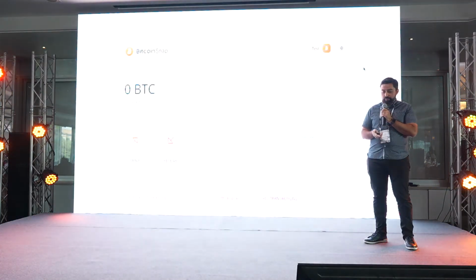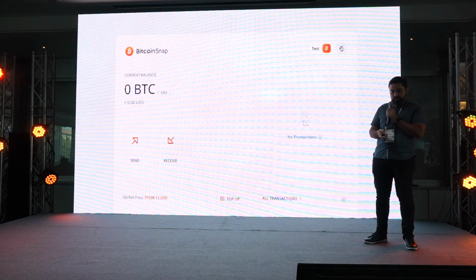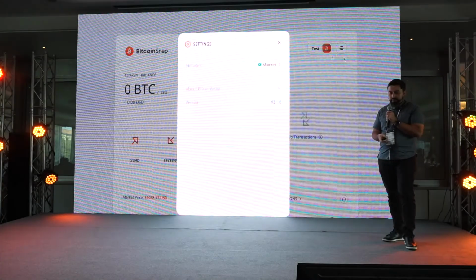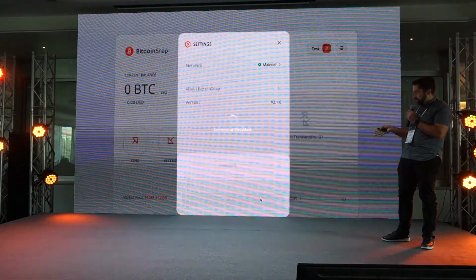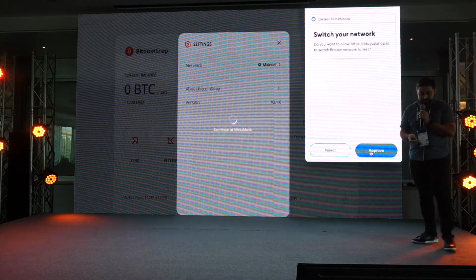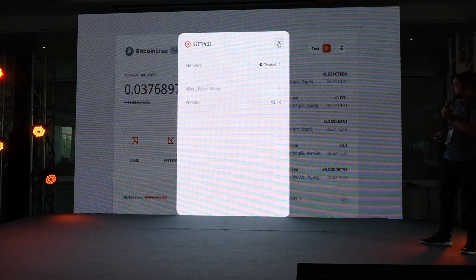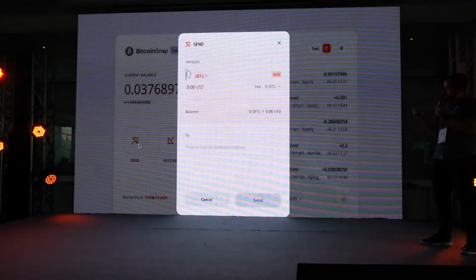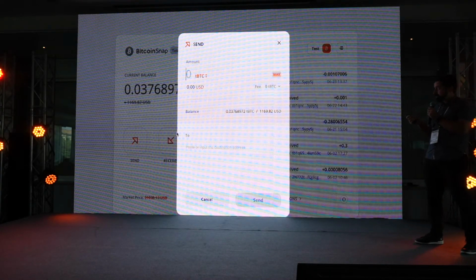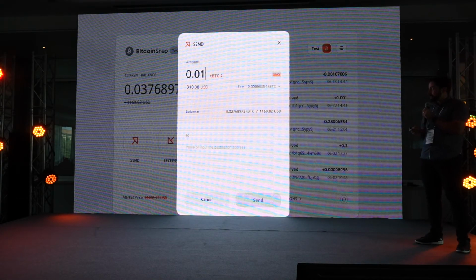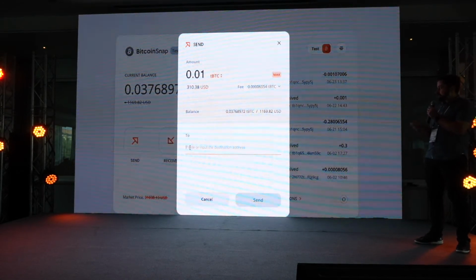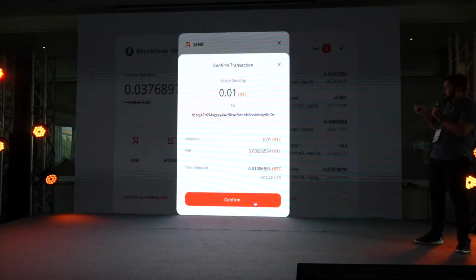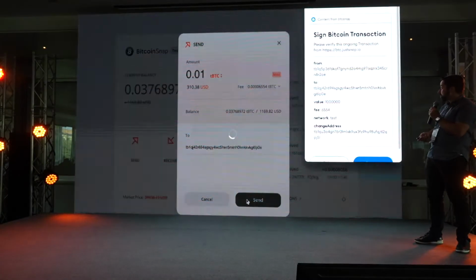And so the first example I have here is a Bitcoin snap. And this is a dApp that is used to interact with the snap, and it's going to switch to testnet in order to show you the functionality. But essentially, this dApp is being used to initiate the send, and so we're just going to put in an amount and an address to send to, and then you're going to see a dialog pop up from MetaMask, but the dialog is actually being created by the snap.